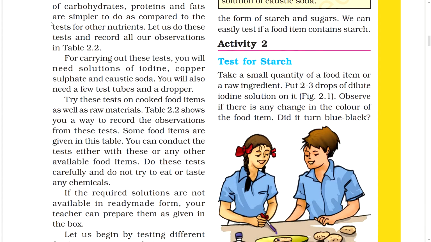For carrying out these tests, you will need solutions of iodine, copper sulphate and caustic soda. You will also need a few test tubes and a dropper. Try these tests on cooked food items as well as raw materials. The table shows you a way to record the observations from these tests.